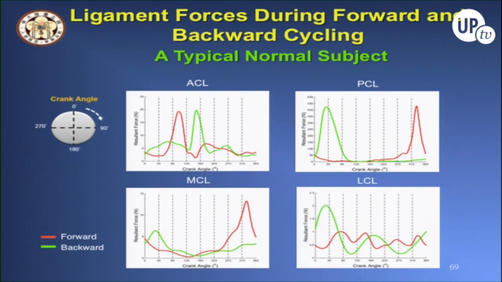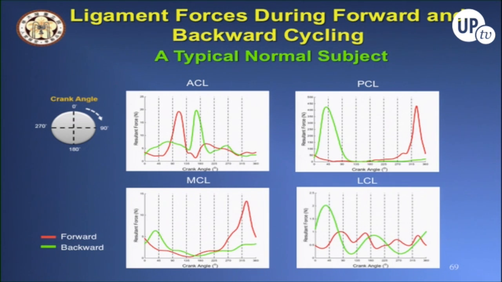And these are the resultant forces for each of the ligaments. As you can see here, the PCL transmits around 450 newtons, either during forward or backward cycling. Whereas the ACL transmits around 20 newtons.